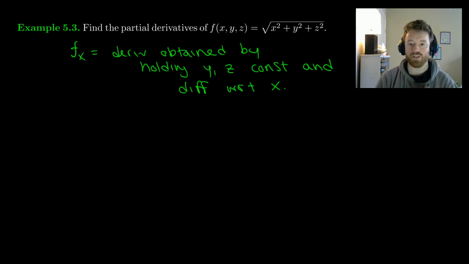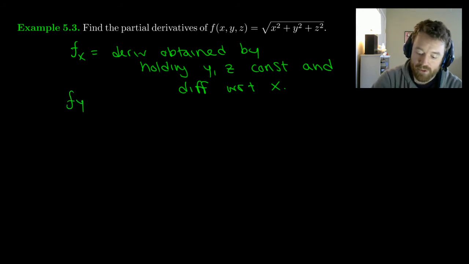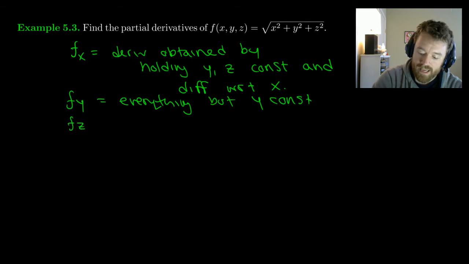So nothing changes in this derivative. What I'm saying is fx is the derivative obtained by holding everything but x constant. And fy, similarly, everything but y is constant. And fz, again, similarly, everything but z is constant.